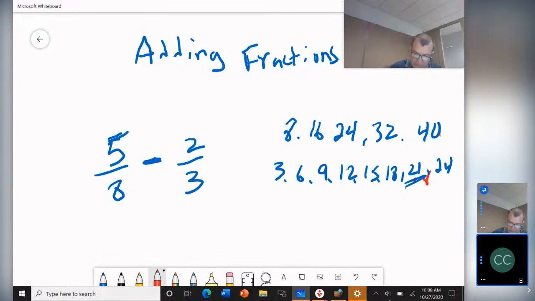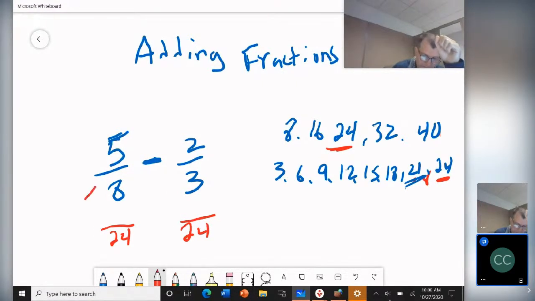So we see 24 is the least common multiple for 8 and 3. So this is going to be over 24. 8 times what equals 24?